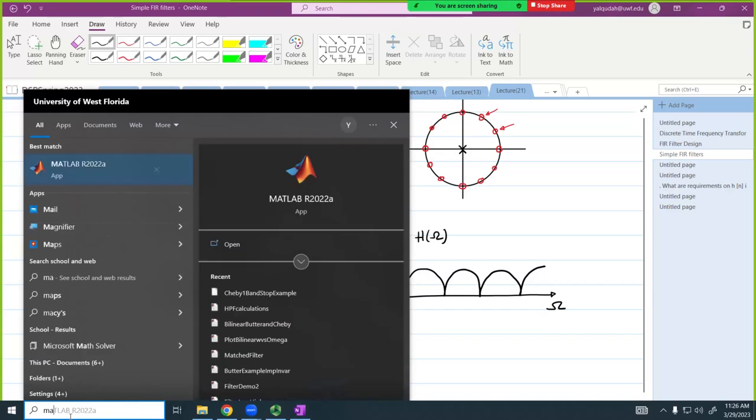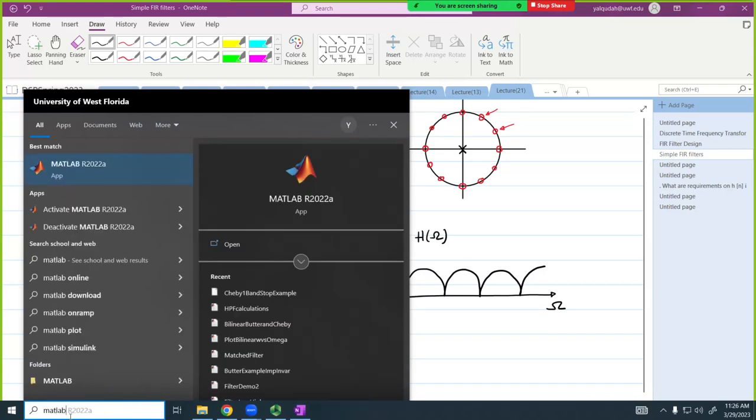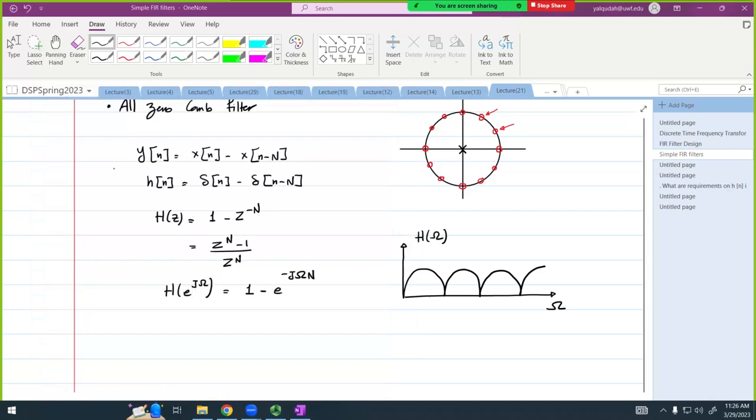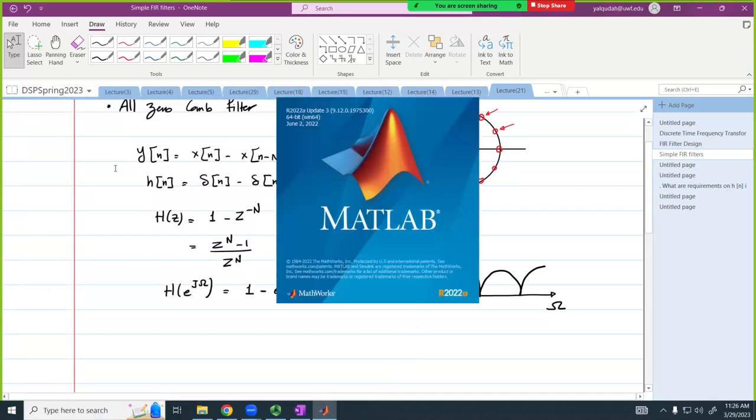So just keep that in mind, please, that anytime you see a pole at the origin, it just means a delay. Because when we multiply it, it's going to give you only one term at the output, y of n.